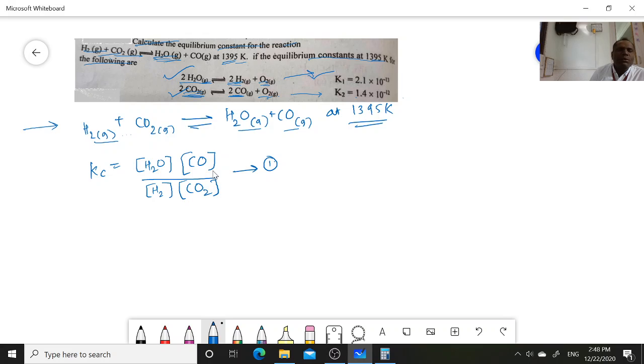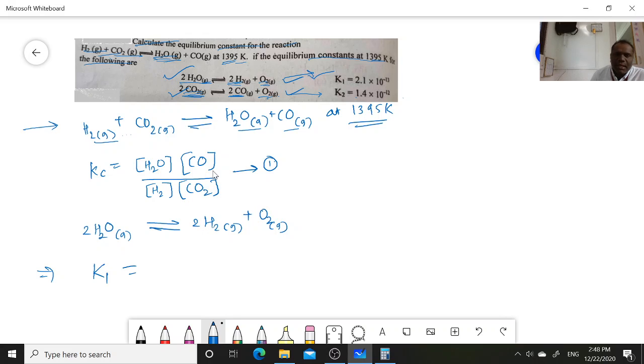Now let's write the equations for the given reactions. The first is 2H2O gas in equilibrium with 2H2 gas plus O2 gas. Let's write the equilibrium constant K1 for this reaction.